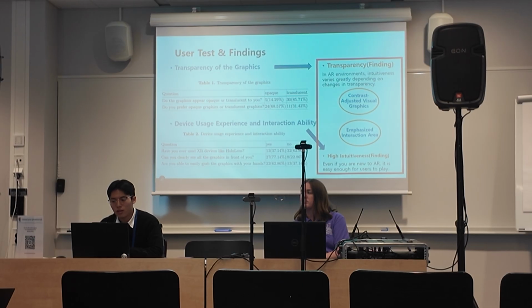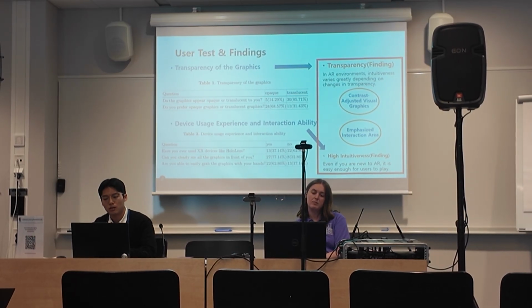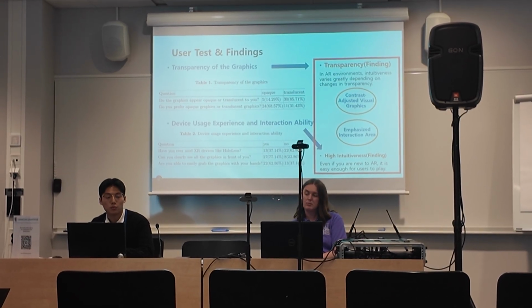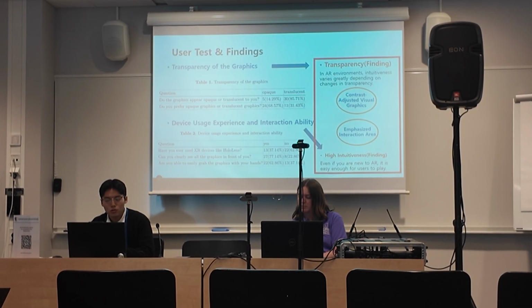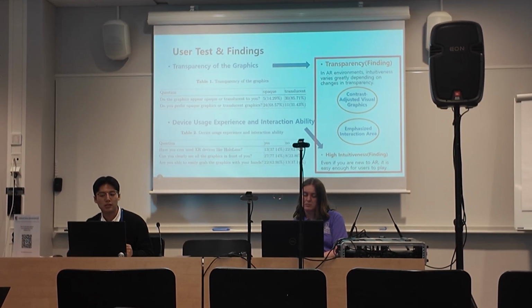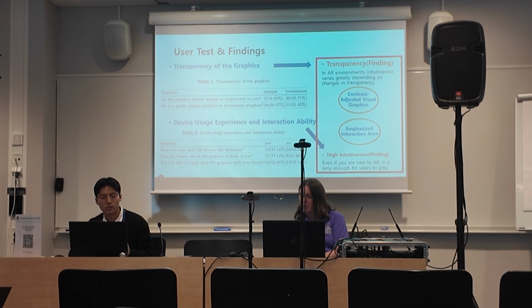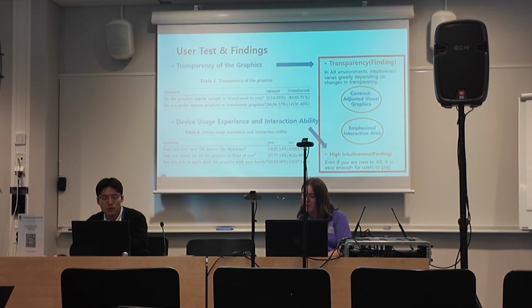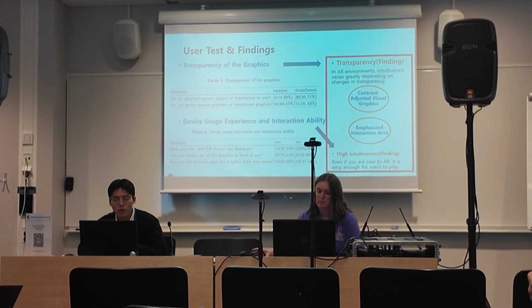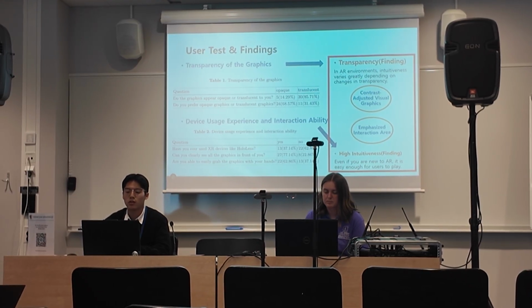On the other hand, when not interacting, the object became translucent so it wouldn't block the user's surrounding view. If you look at table 2, you can see that most participants, despite being new to AR, still gave positive feedback about the clarity of the graphics and how easy it was to interact with the virtual object.